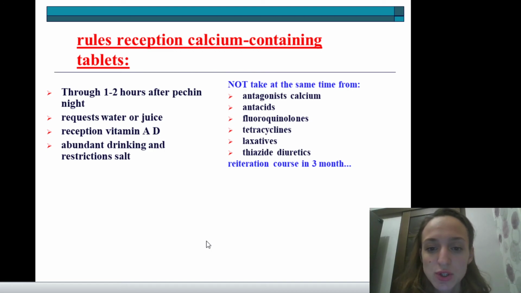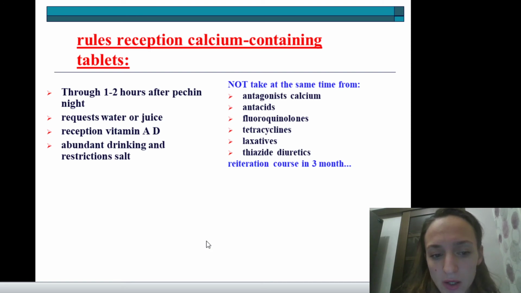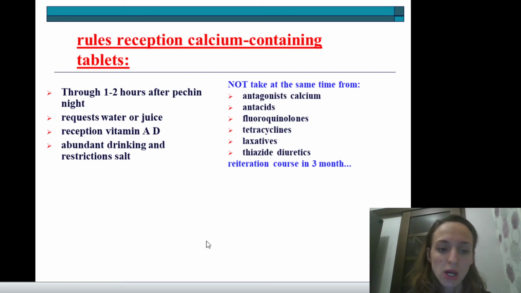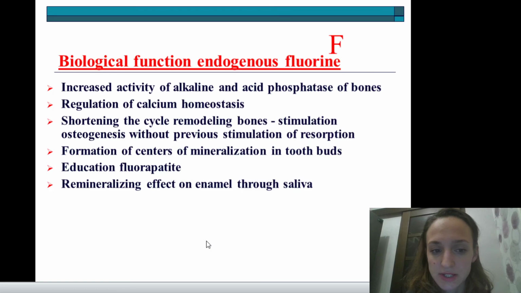And some rules: calcium-containing tablets should be taken 1-2 hours after a meal, with water or juice, and vitamins A and D. You should not take them at the same time as antacids with calcium, or tetracyclines. The course of treatment is 3 months. It is the minimum.